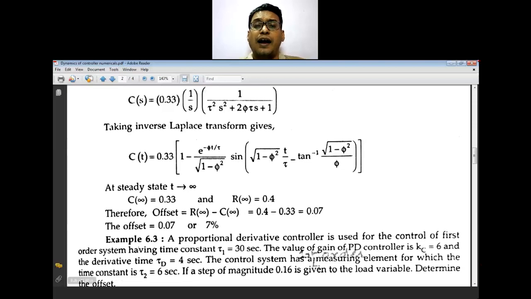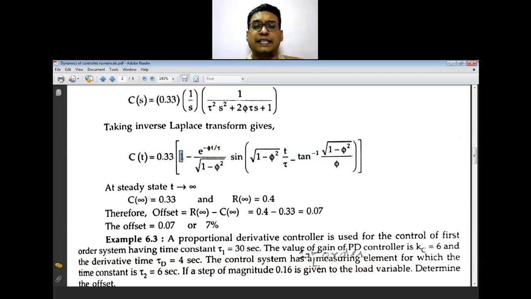Now I am interested in calculating the value of offset. At steady state, that means t tending to infinity, what will be the value of C(t)? C(infinity) will become equal to 0.33, because this term becomes 0 and only the 1 remains.